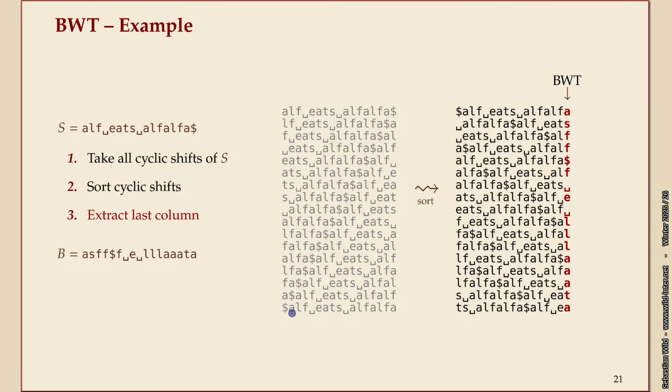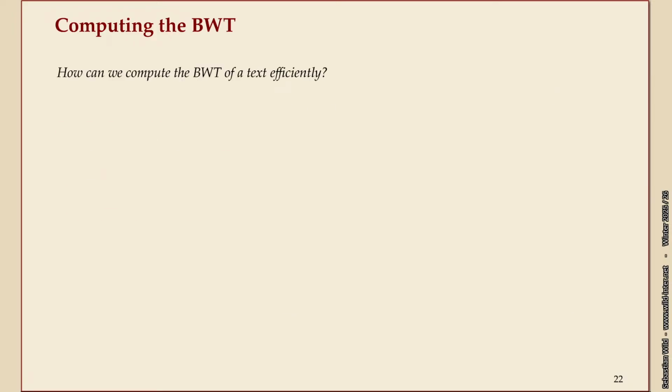And that's true after sorting, because you're just swapping rows around. In particular, also, the last column consists of one copy from every index in the text. In other words, the BWT is a permutation of the characters of the input text. It's going to be the same number of the same characters, but in a weird jumbled order. That's just from the construction.